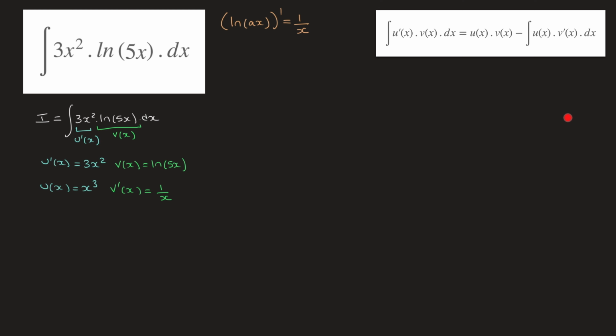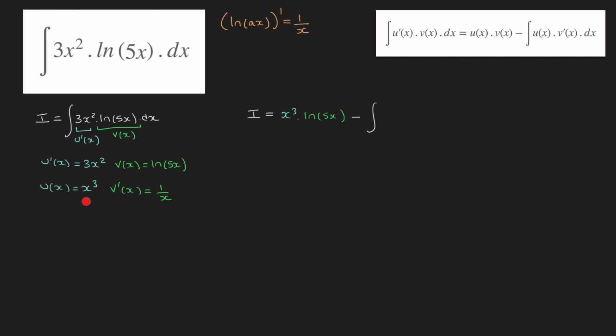Using the right-hand side of the integration by parts formula and replacing u and v dash by their respective expressions, we can go ahead and state that this integral I is equal to u times v, so that's x cubed times ln of 5x, minus the integral of u times v dash.